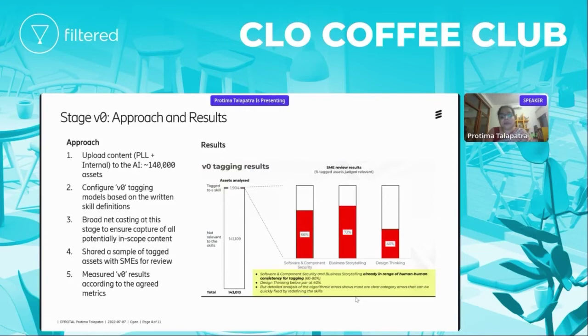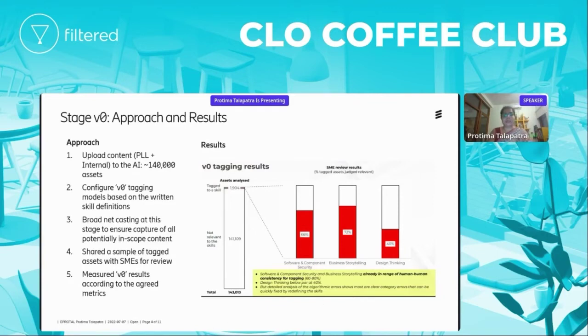For design thinking, it was a little bleak, about 40%, and for business storytelling, we had about a 72% match. The subject matter experts agreed with Filtered CI, saying that yes, it matches.